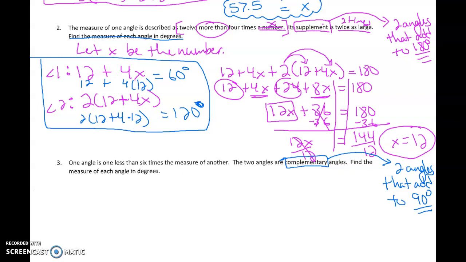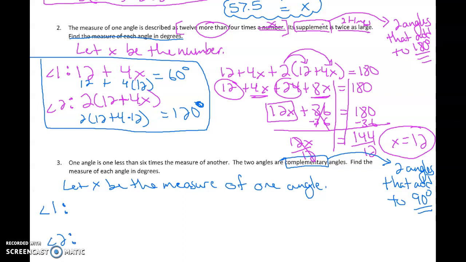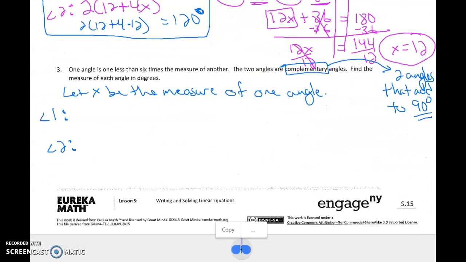Well, I have two angles then. One angle is one less than 6 times the measure of another. So I'm going to say let x be the measure of one angle. I have two angles, angle 1 and angle 2, and I'm saying let x be one of them.